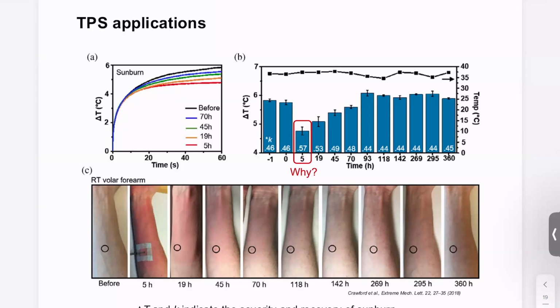So you can monitor the thermal conductivity of the skin to monitor the recovery of sunburn. After sunburn, you will see the temperature increase is lowest and the thermal conductivity is highest, about 0.57. As time goes by, you will see the thermal conductivity returns to normal. That means your skin is being repaired, is recovering.